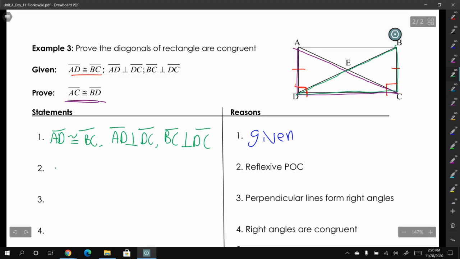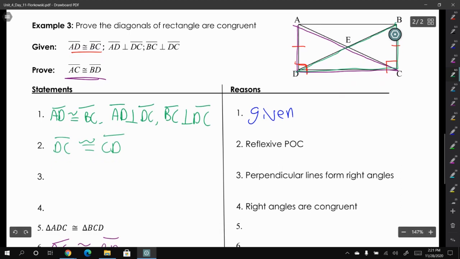So DC is congruent to CD because of the reflexive POC. And again, the reason why I changed DC to CD in the second part is because if you look at the purple triangle on the left, angle D is your right angle. If you look at the green triangle on the right, angle C is your right angle. So they are flipped.